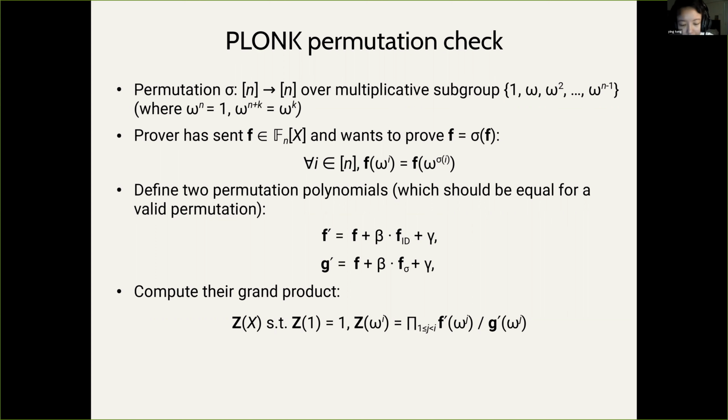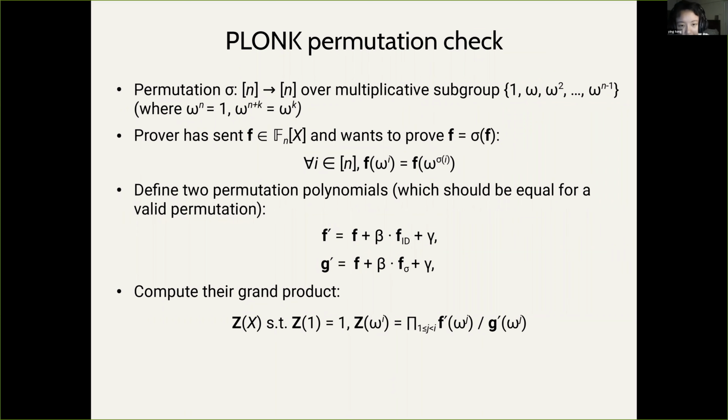Yeah, and so this is how we're going to arithmetize the permutation check. So we define two permutation polynomials. The first is f prime, which corresponds to the identity permutation f id. And the second is g prime, which corresponds to the permutation polynomial f sigma.